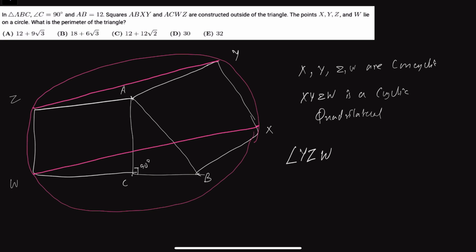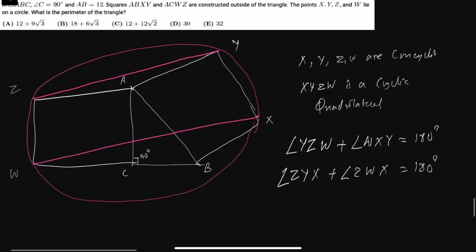Angle YZW plus angle WXY is 180 degrees, opposite angles. In a similar way, angle ZYX plus angle ZWX is also 180 degrees.